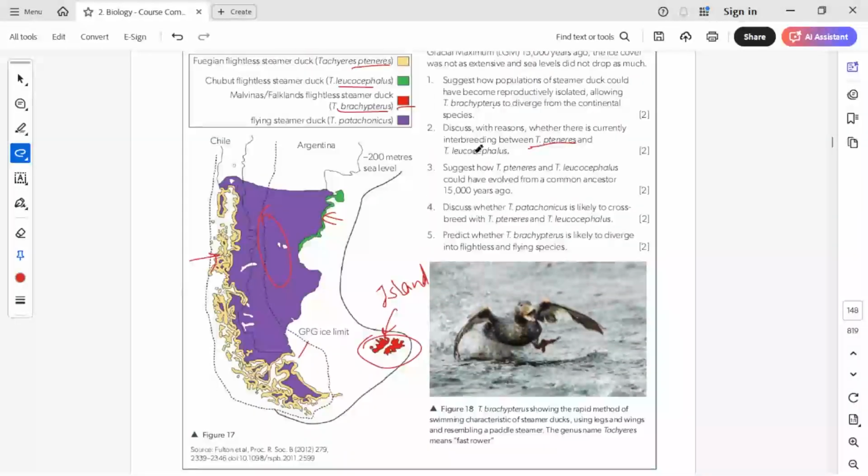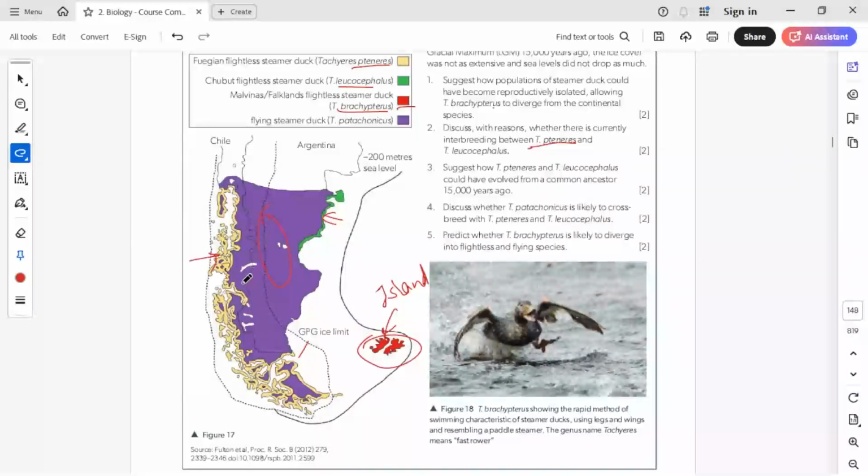Coming to the next question, suggest how P. narborough and P. leucocephalus, so again the same yellow and green ones, have evolved from a common ancestor 15,000 years ago. So how have they actually developed from a common ancestor? Before the ice formation took place, during the time of glaciation, they actually separated from each other, and because they were flightless they could not reach each other, and their gene pools developed separately, because of which they both actually evolved into different species.